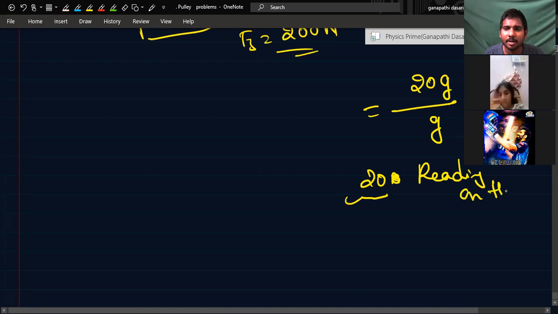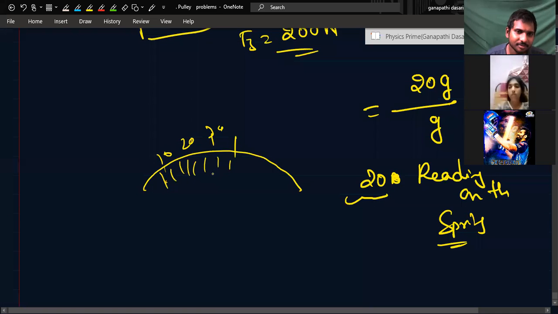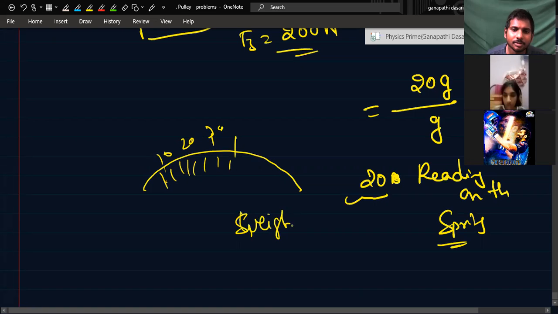You don't get confused, okay? It is calibrated like this. Your weighing machine, in a hospital, you will see a weighing machine where you will find 10, 20, 30, 40, 50, isn't it? But actually it weighs your weight, not mass.